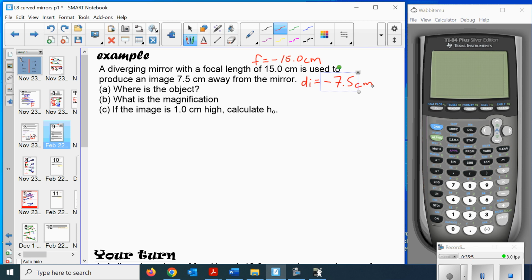Where is the object? DO. That's what we're looking for. I'm going to put in the formula here and we'll sub it.